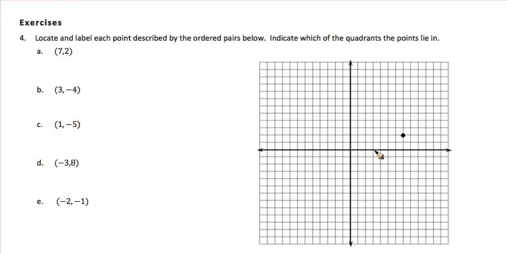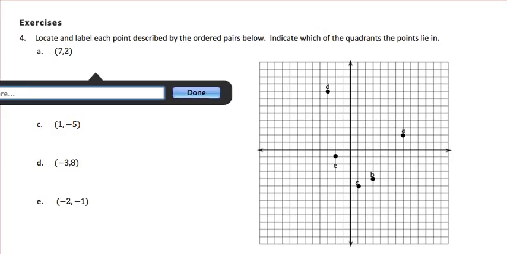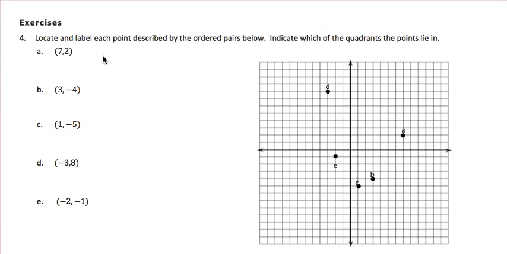So we go across 3 and down 4. Our next step is we have to tell in which quadrant each of the points is located. Point A is located in quadrant 1. Point B is located, remember we're counterclockwise, in quadrant 4.